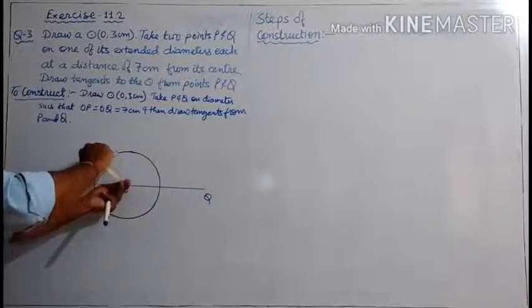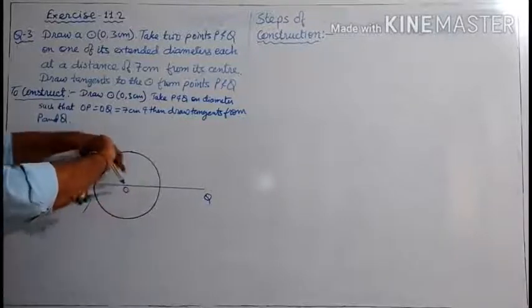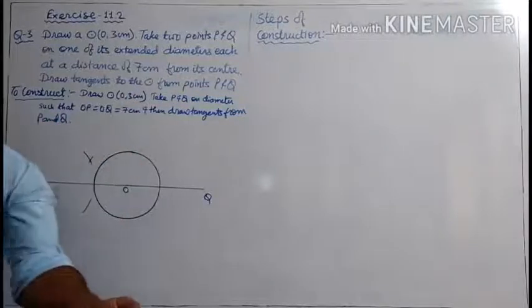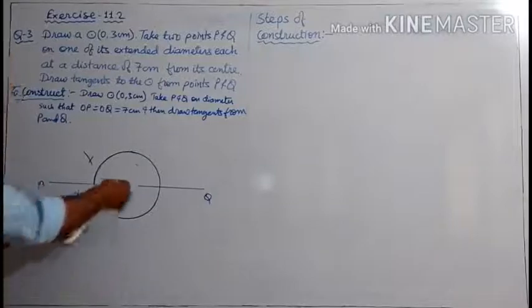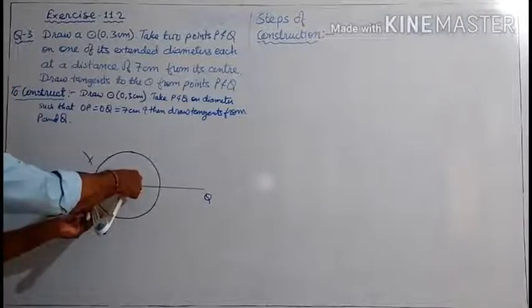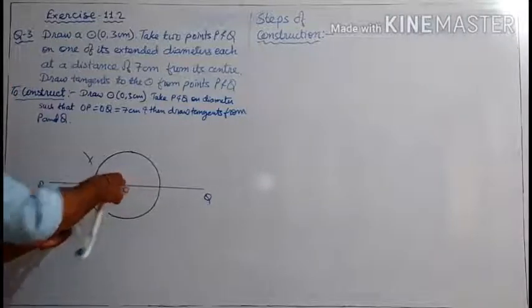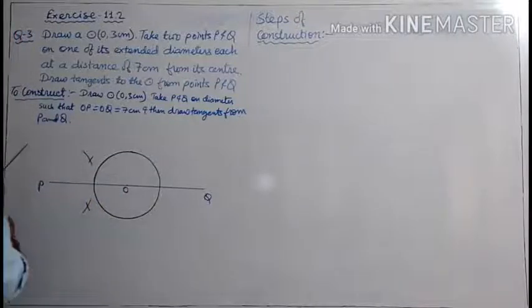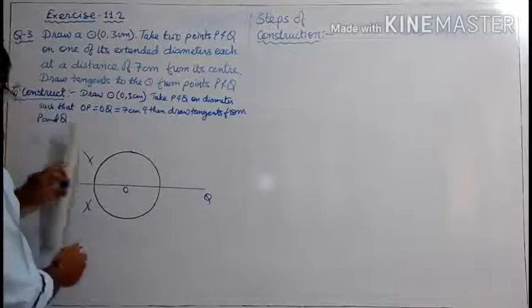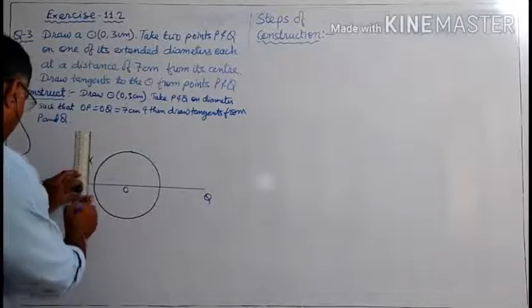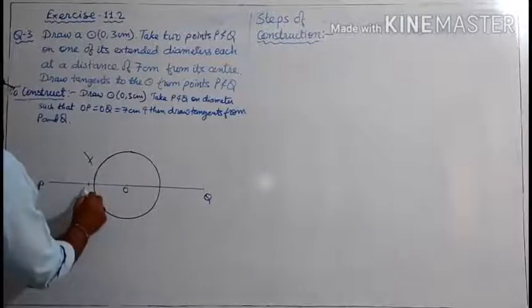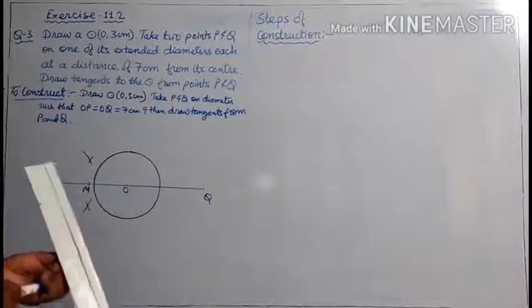Then taking center of the circle also we have to draw the arcs. So now here we get the point, midpoint M of PO. This is M, that is a midpoint of PO.